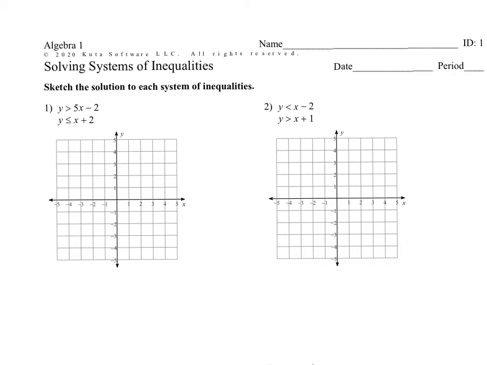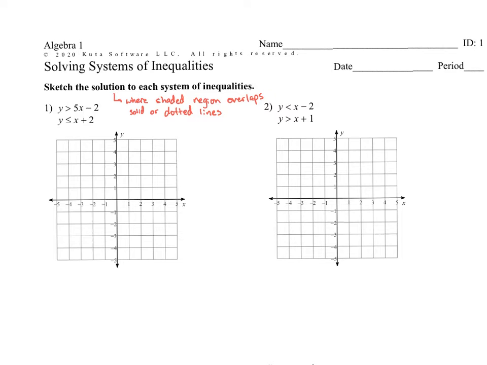Now, a small note before we get started. The solutions to each inequality is where the shaded region overlaps. That is what is important, where the shaded region overlaps. It will include or exclude the solid or dotted lines.